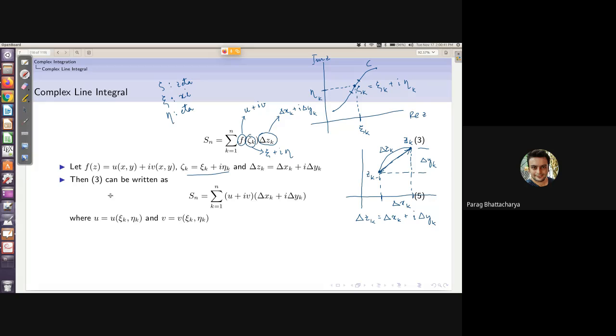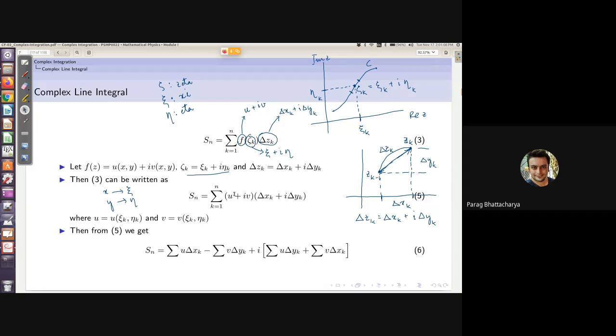X I will replace with xi, and y I will replace with eta, because we are considering zeta. So earlier we used to write it as u of x comma y. Now it will become u of xi comma eta, v of xi comma eta. So this is what we have.